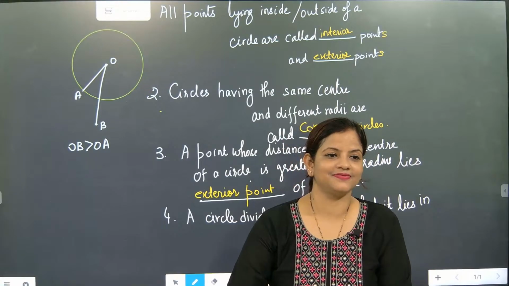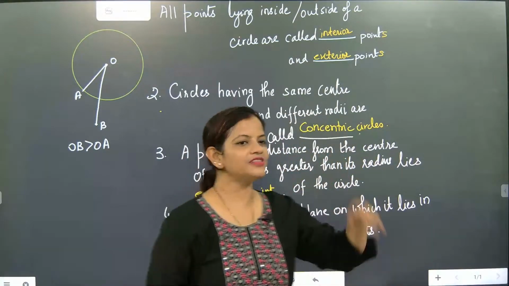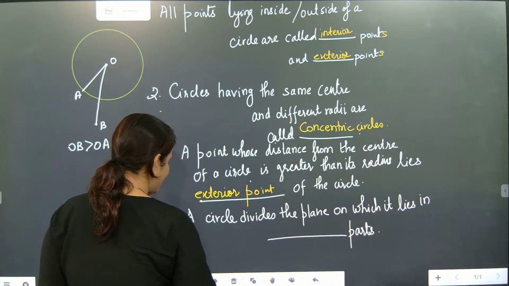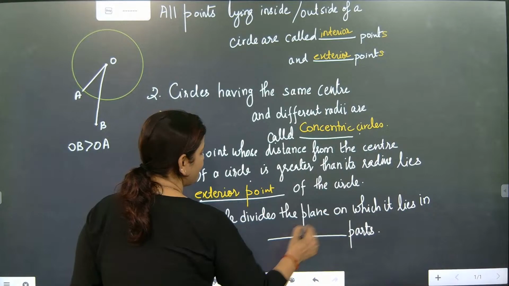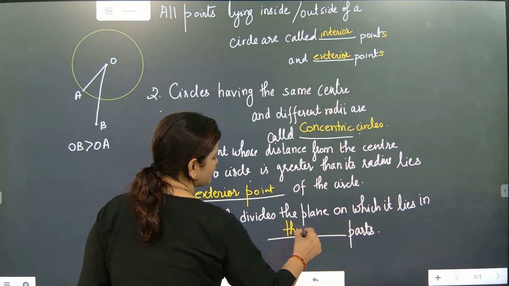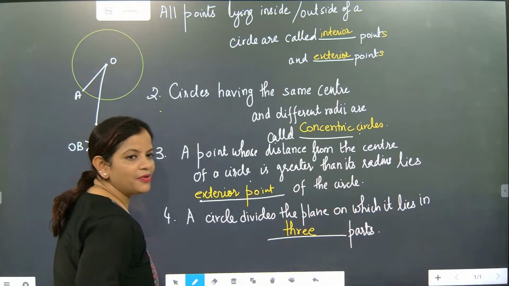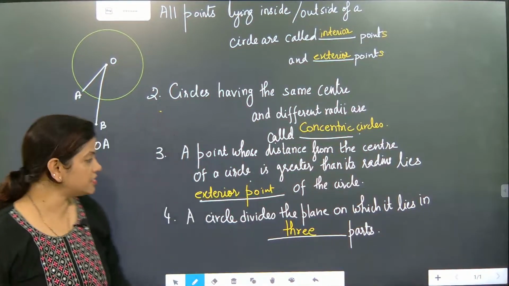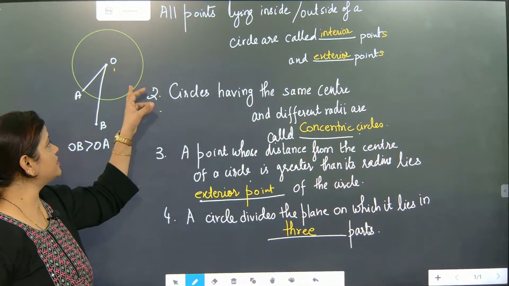Three parts. Circumference, inside and outside. Note down, this is the most important question. It is three parts: inside, outside and this region.